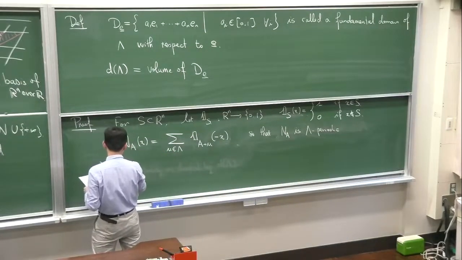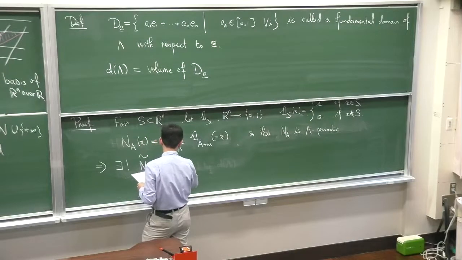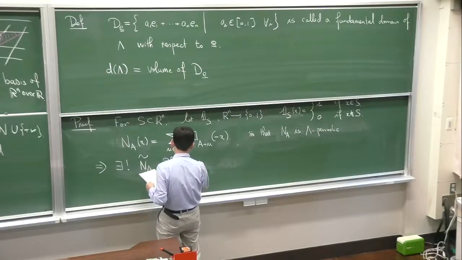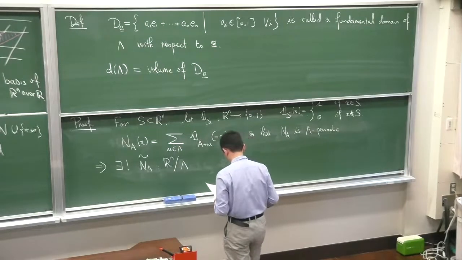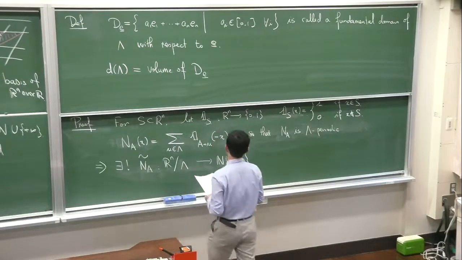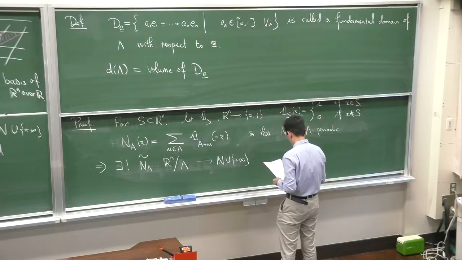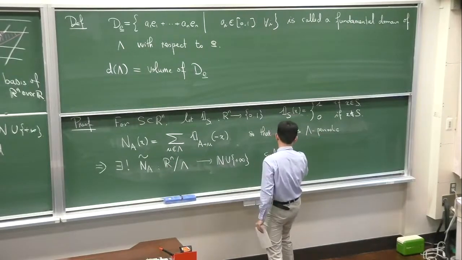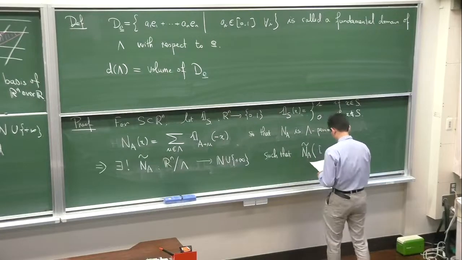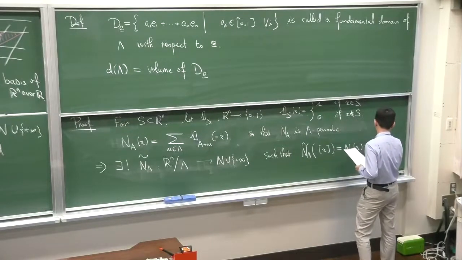So you can find a unique function, N-tilde, which is defined on the quotient set R^n / Lambda, such that if you compute the class of some point x, this is just N_A(x) for any x.